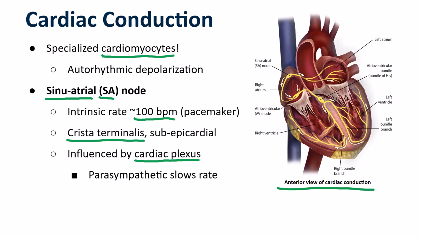We understand that the autonomic nervous system has two divisions: the sympathetic division, which, among other things, increases heart rate, and the parasympathetic division, which, among other things, decreases heart rate. So we know that at rest, the parasympathetic stimulation is what dominates from the cardiac plexus and reduces that intrinsic rate of 100 beats per minute down to maybe 60 or 70 beats per minute.